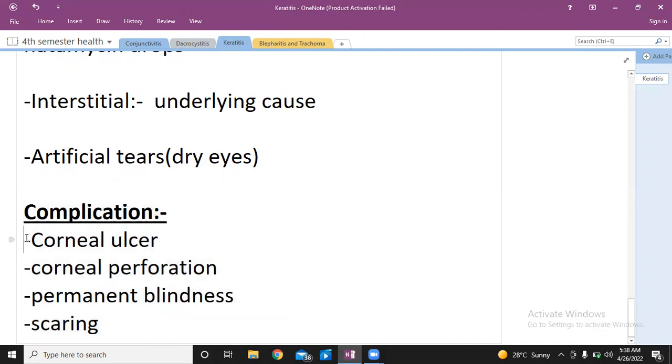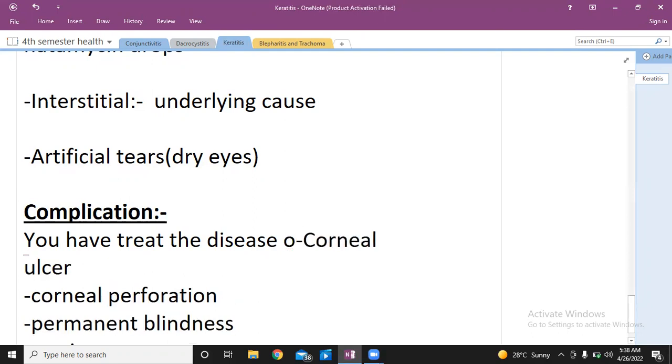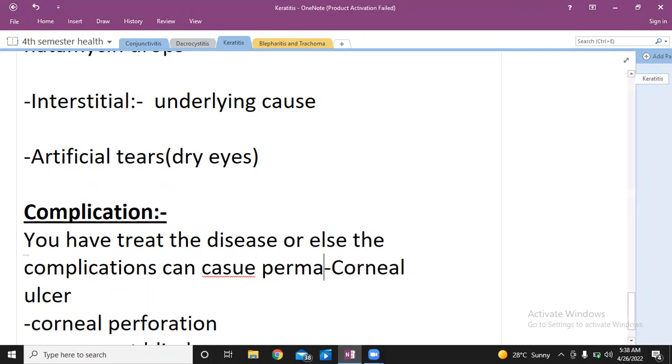You have to treat the disease, or else the complications can cause permanent blindness.